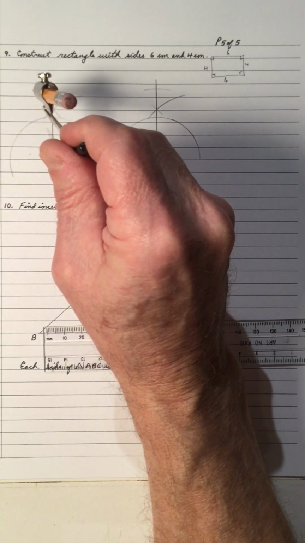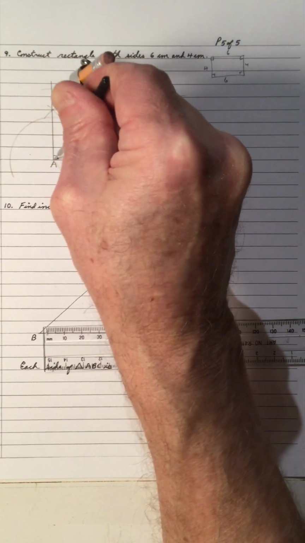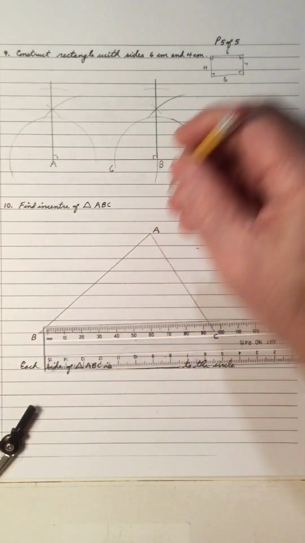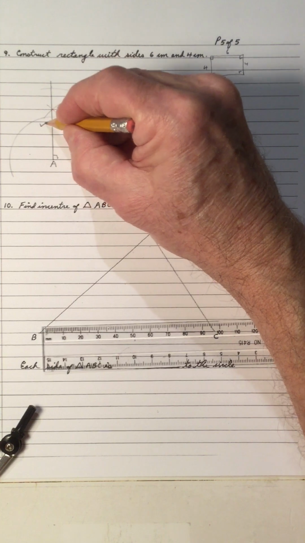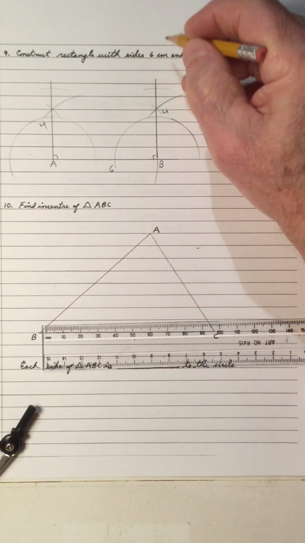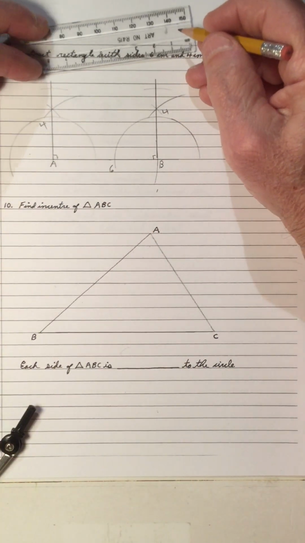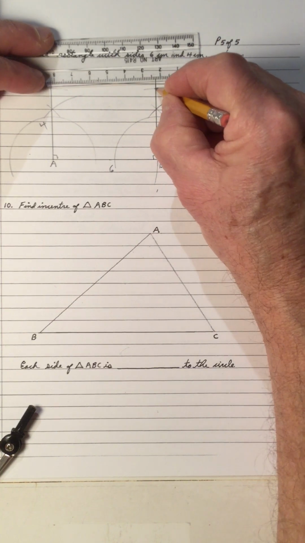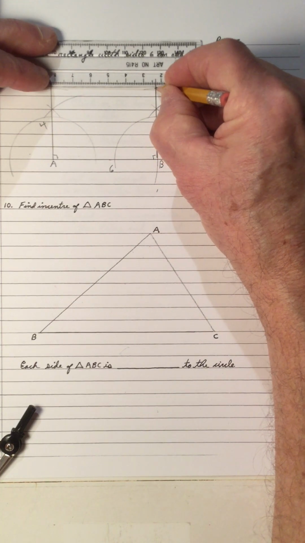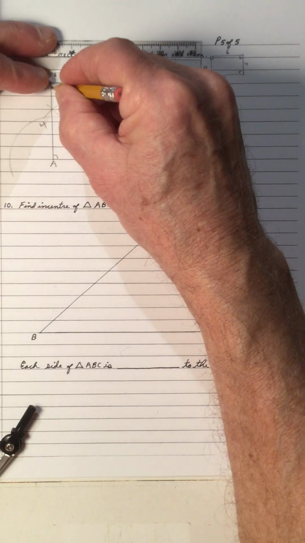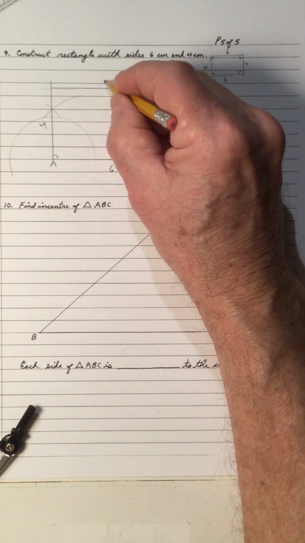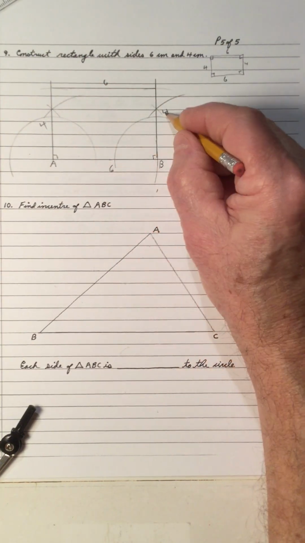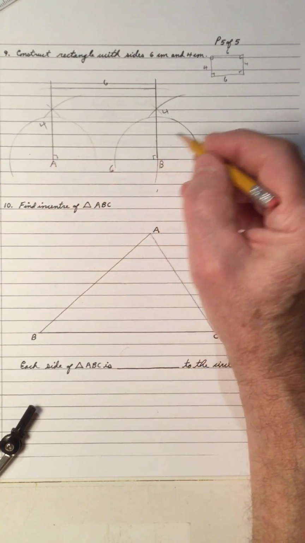Place it at A and mark out 4. So there's 4 up, and that's 4 up. If I join those 2 points, so this is 6, 6, 4, 4, I got right angles here.